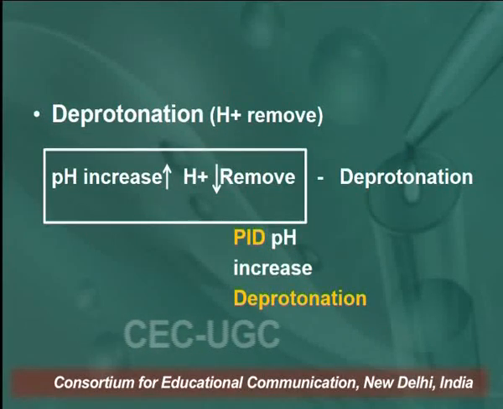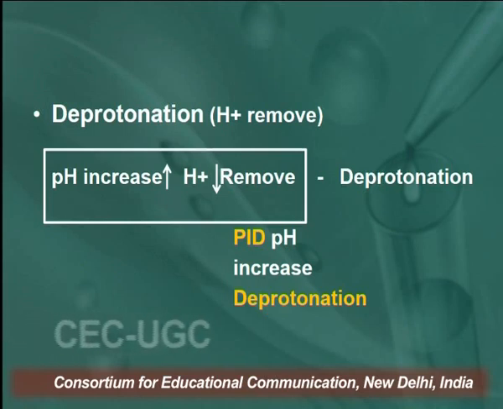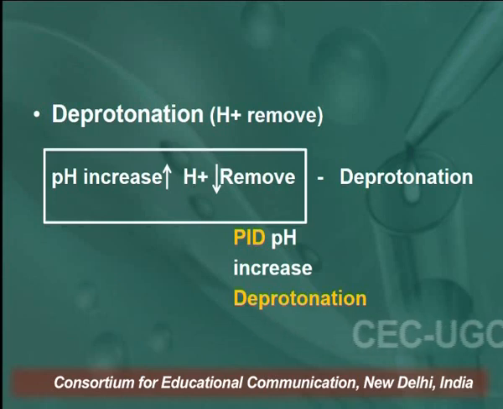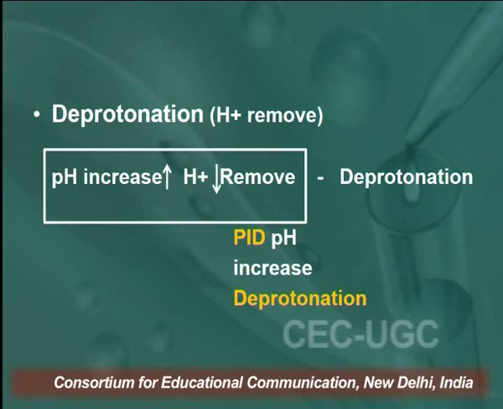Similarly, what is deprotonation? How does deprotonation take place? Deprotonation means removal of a proton. And the removal of a proton takes place, learners, when the pH of the solution increases, right? What does it mean? It means that when the pH of the solution is increasing, the concentration of protons decreases, right?